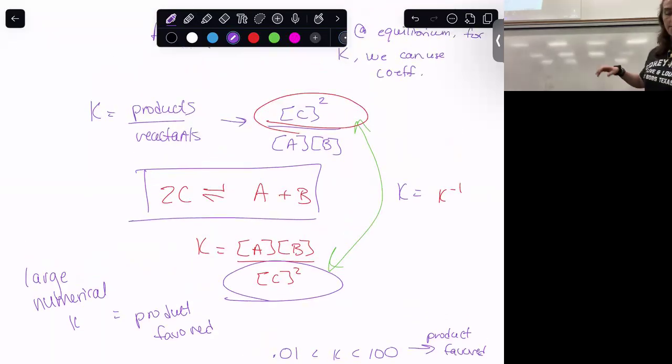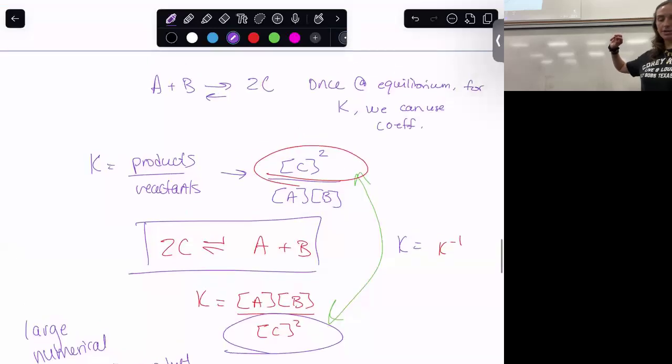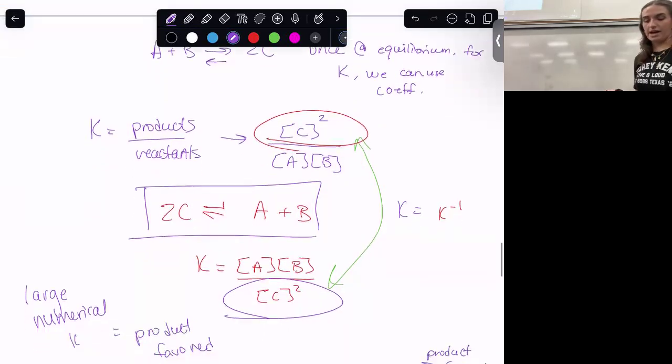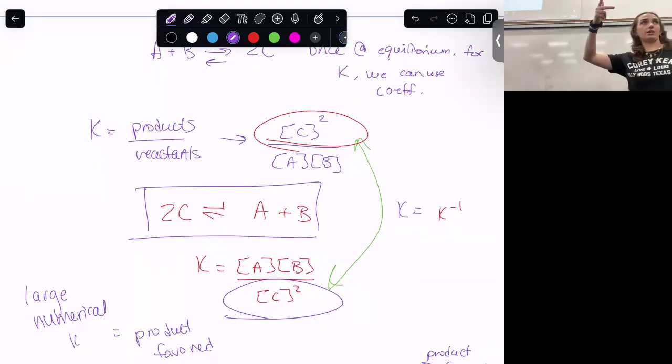To hone in on this: if our first reaction, A plus B goes to 2C, had a large K, it was product favored. When we reverse the reaction to make 2C our reactant, we get a net small K. This means it is reactant favored.